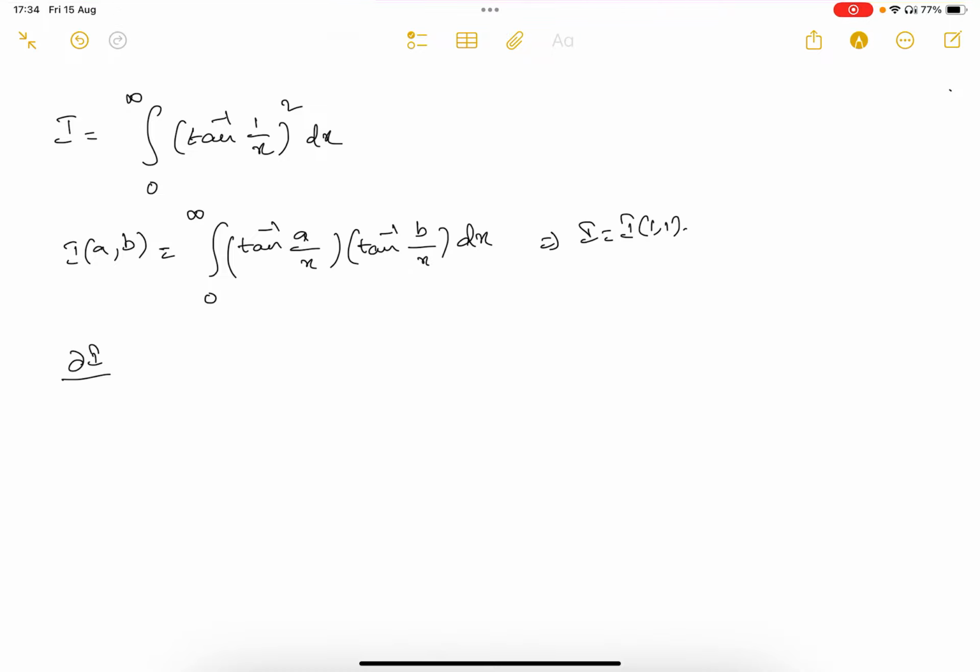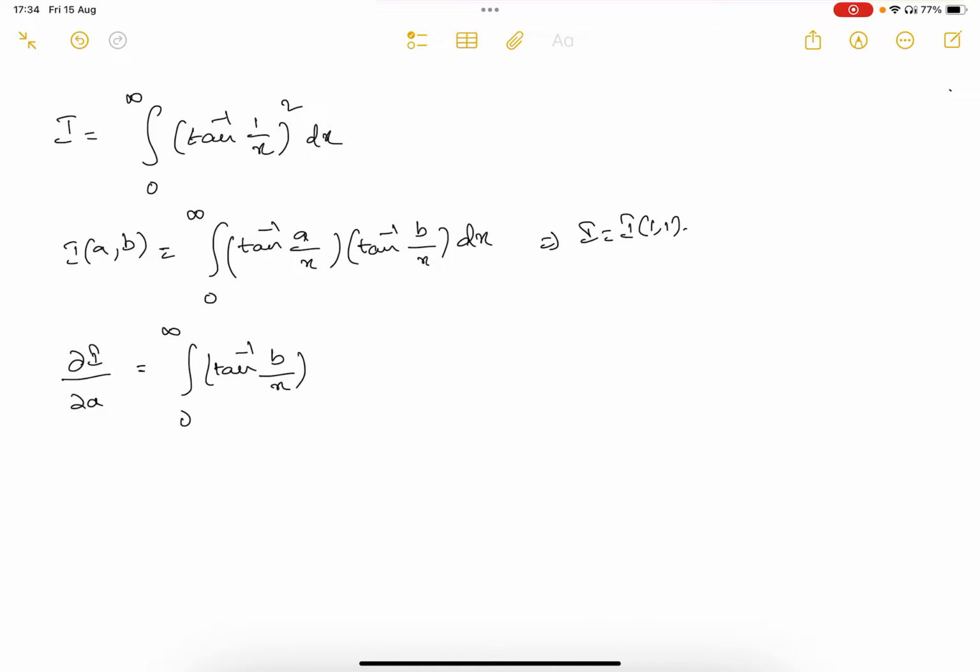Let's do dou I by dou a. Then this will be integral 0 to infinity. As we are doing partial differentiation with respect to a, tan inverse b by x will be unchanged.